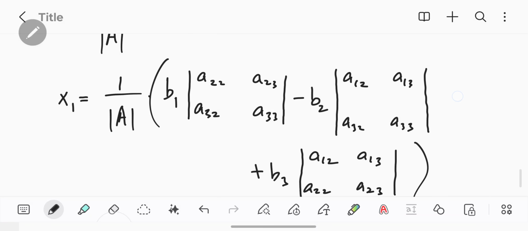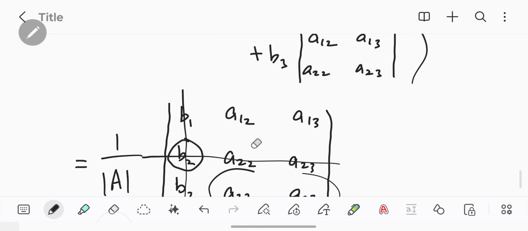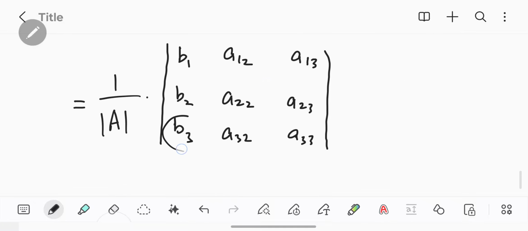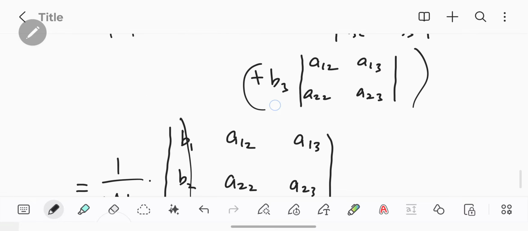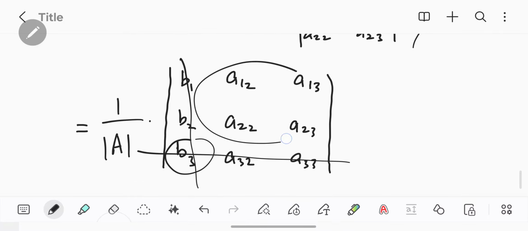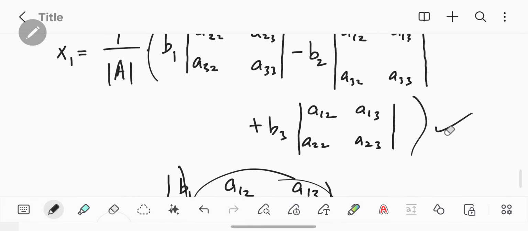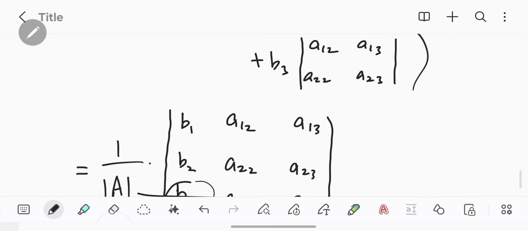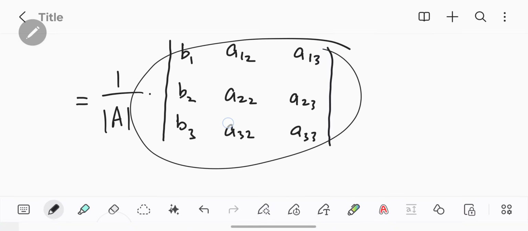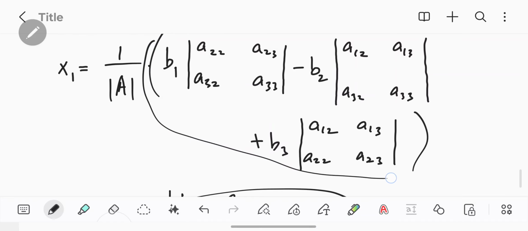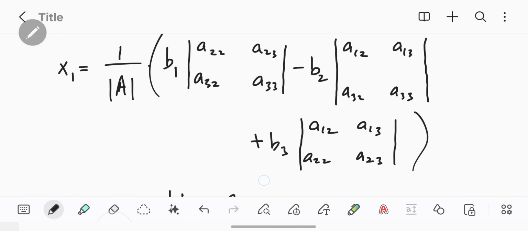Then I will go with the next entry of the same column. I will again forget about this row and this column. So B3 times the determinant of this thing. Okay, so that means this whole determinant is equal to this whole thing.